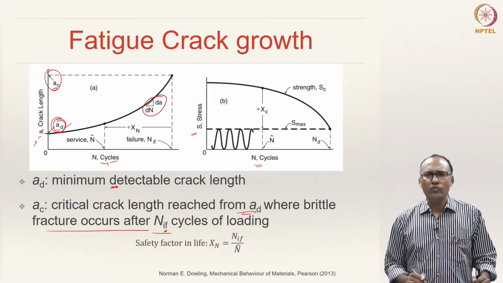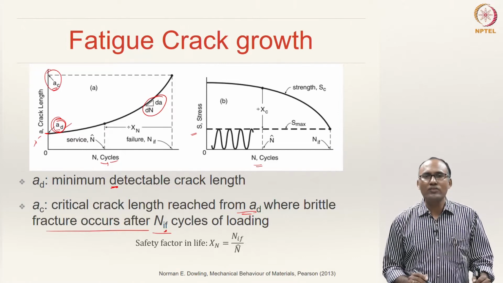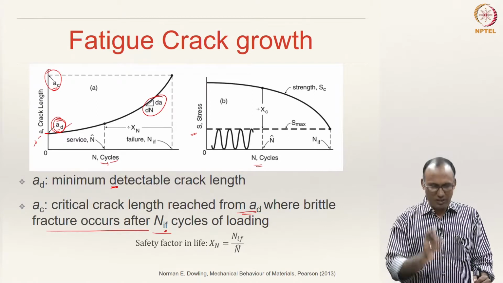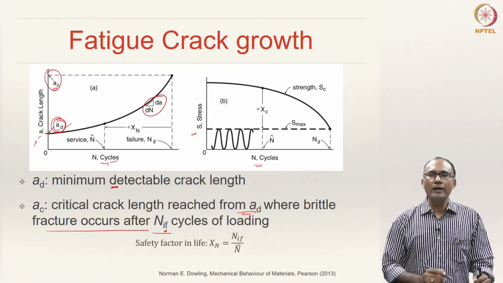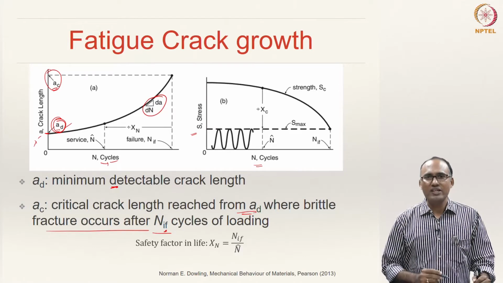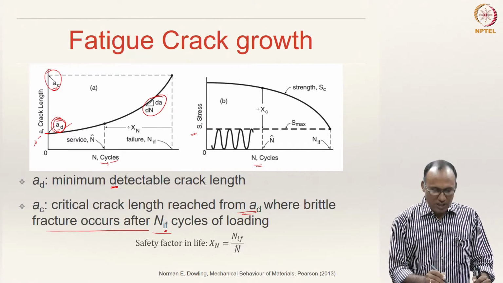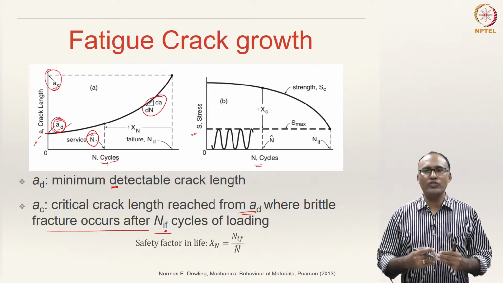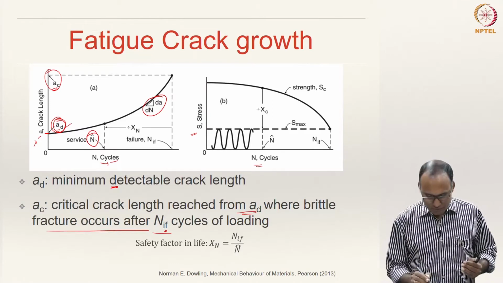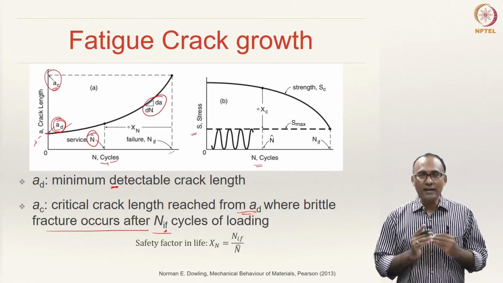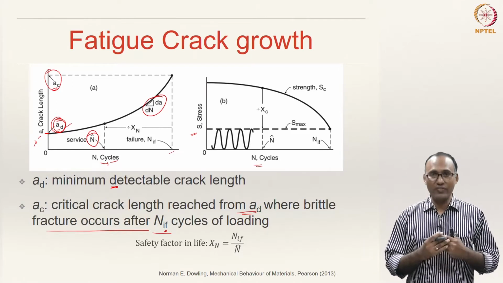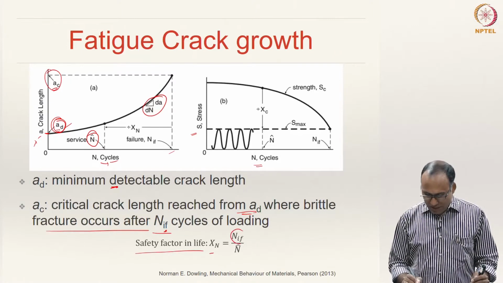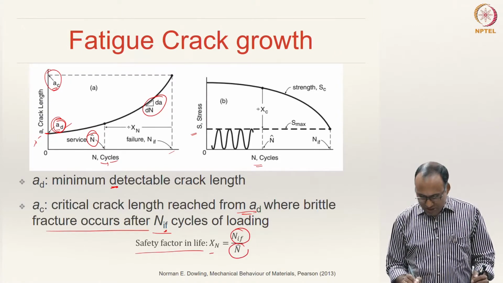Now let us say for this particular material the initial crack dimension, the maximum size of the crack to begin with, is AD, and this component is designed for a service life of n hat cycles, which is less than NIF cycles. Then, as we have already discussed, the factor of safety in life can be written as Xn equal to number of cycles to failure divided by service life.